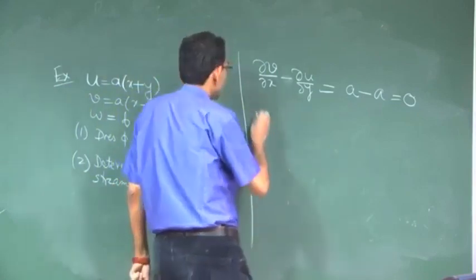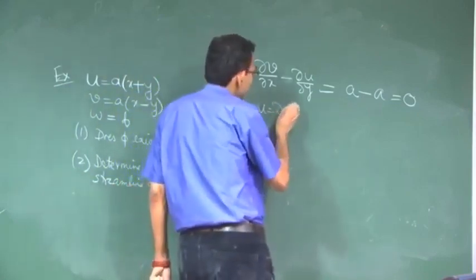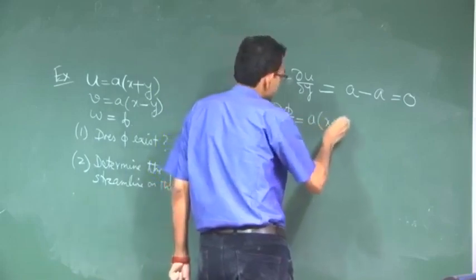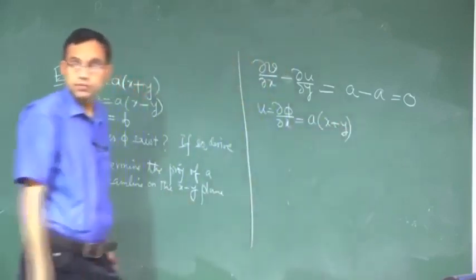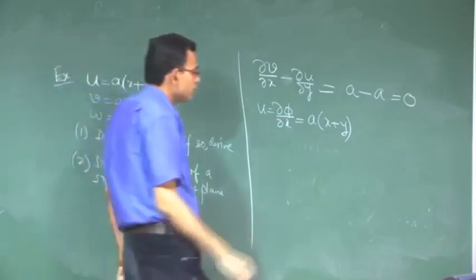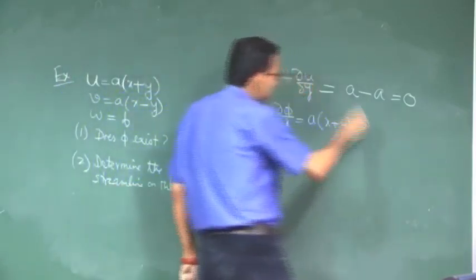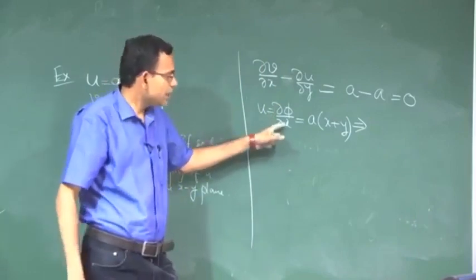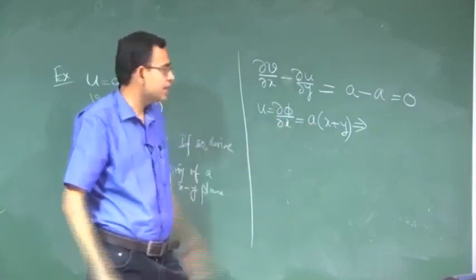So, u is equal to del phi del x, okay. So, if you integrate this, remember this is called as partial integration. So, integration with respect to x keeping y and z as constant.